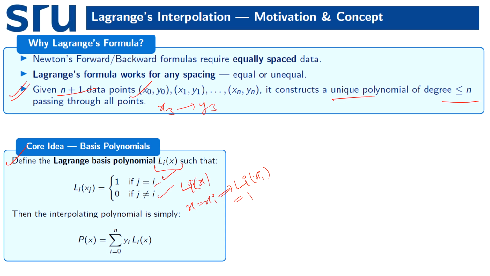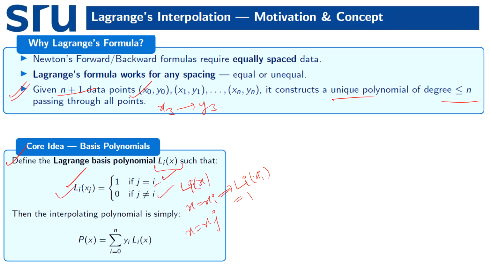Otherwise, if we substitute x equal to xj, then Li(xj) will be 0. So each basis polynomial behaves like a selector function. It selects only one specific data point and ignores all others. This is a very important point. Let me repeat it again: each basis polynomial, this Li(x), behaves like a selector function. It selects only one specific data point and ignores all others.